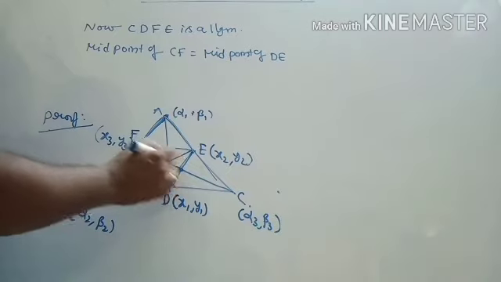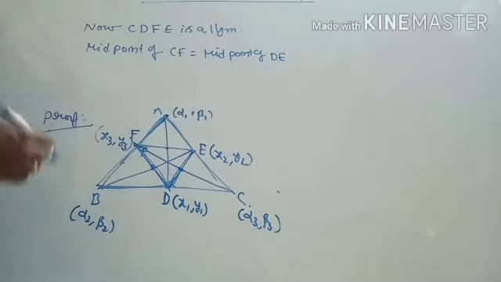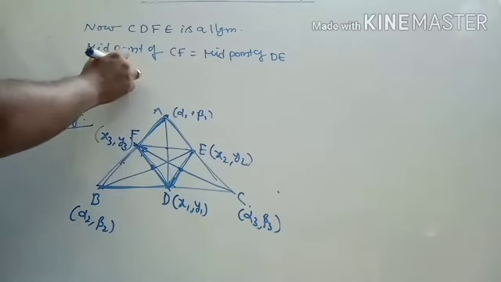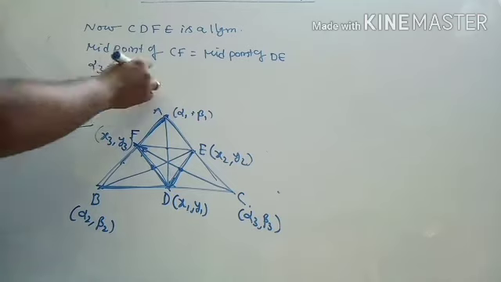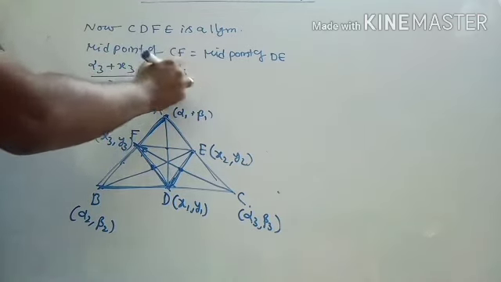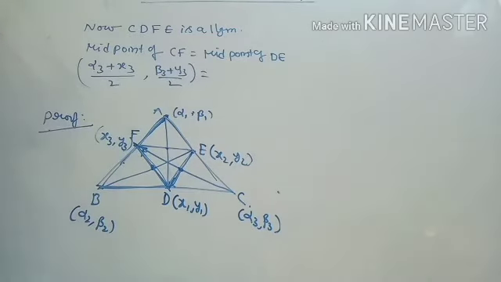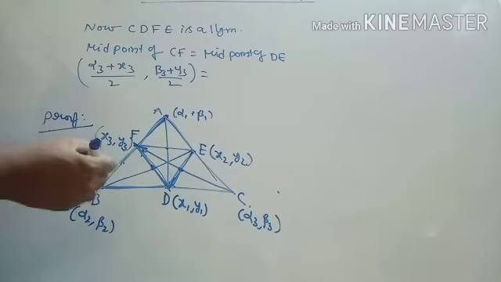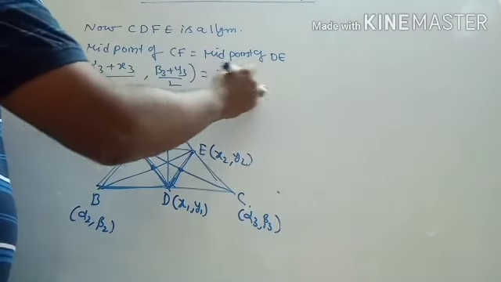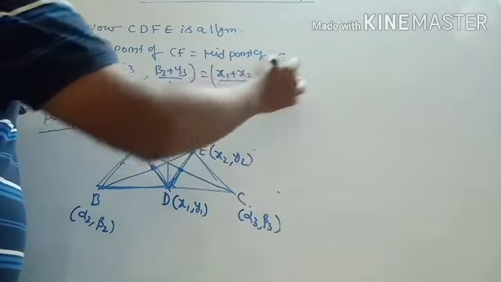Therefore, the midpoint of CF is (alpha 3 plus x3)/2 comma (beta 3 plus y3)/2. This midpoint is equal to the midpoint of DE, that is (x1 plus x2)/2 comma (y1 plus y2)/2.